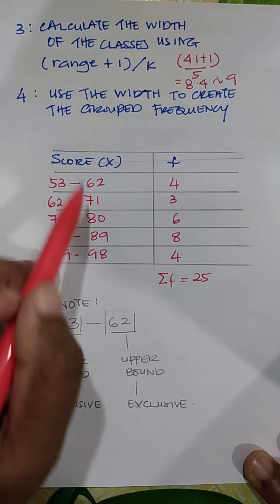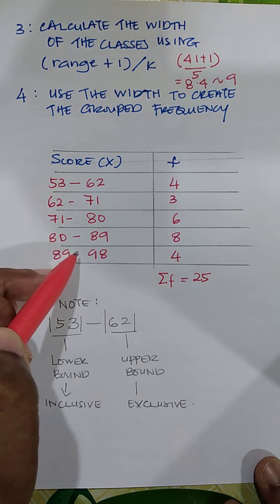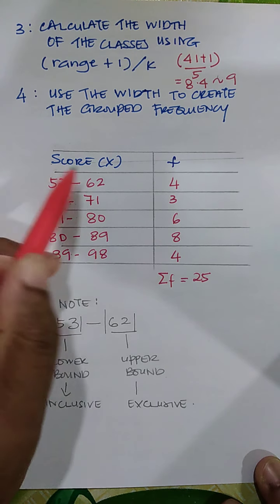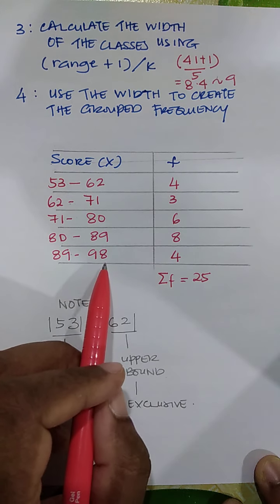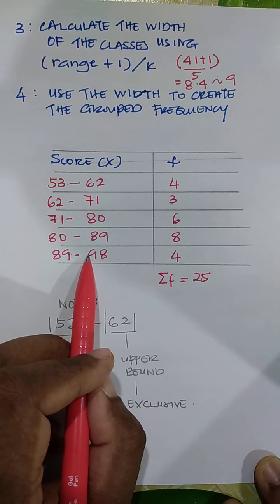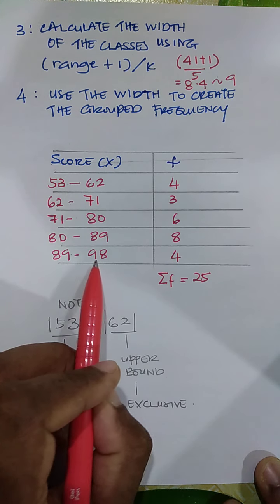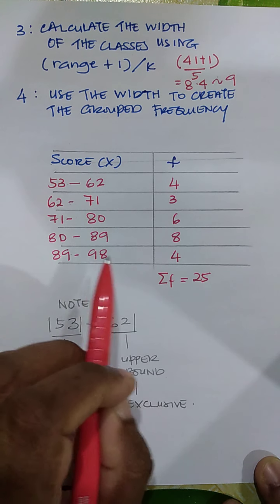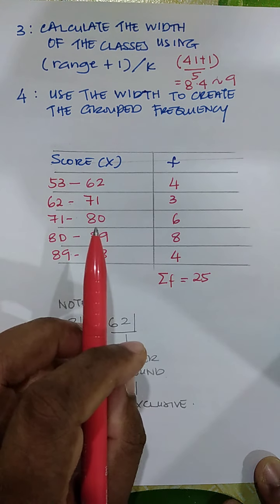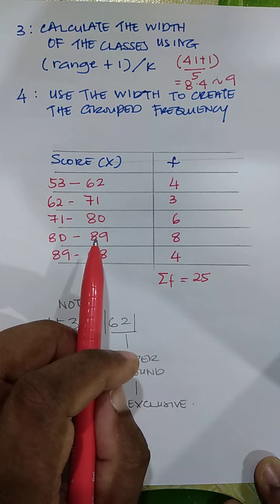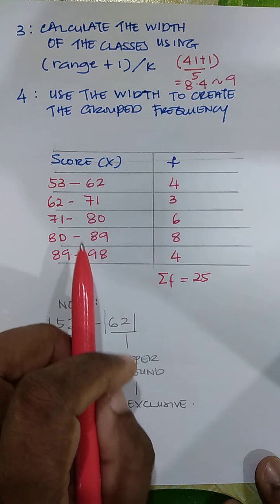All the numbers that you have received before will be grouped in here. The maximum here is 98 and our highest score is 94, so it can fall into this particular group. If you choose k equals 4, you will leave out the value of 94.